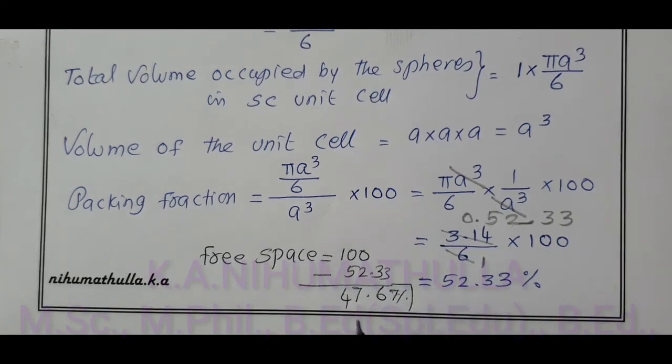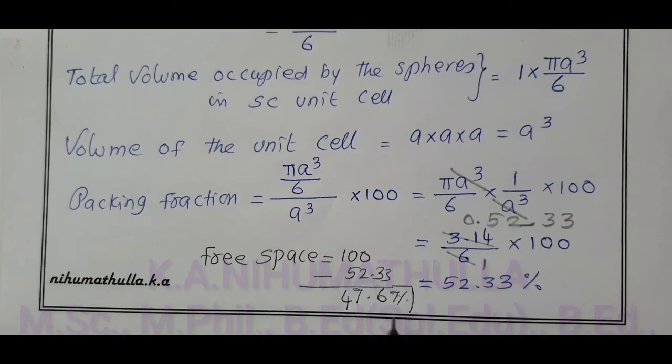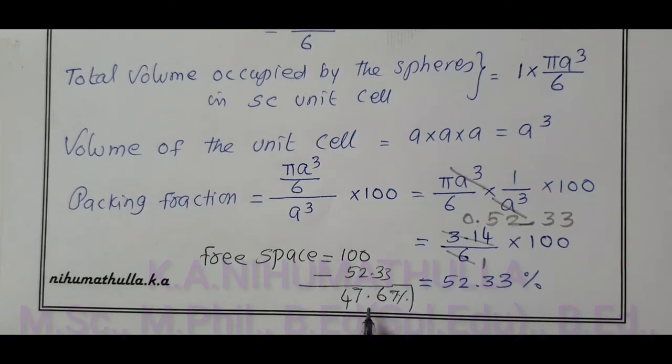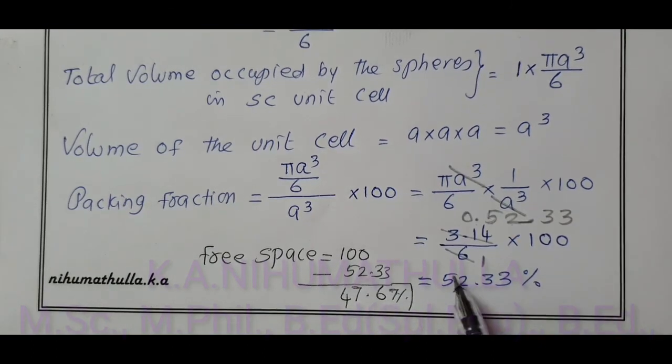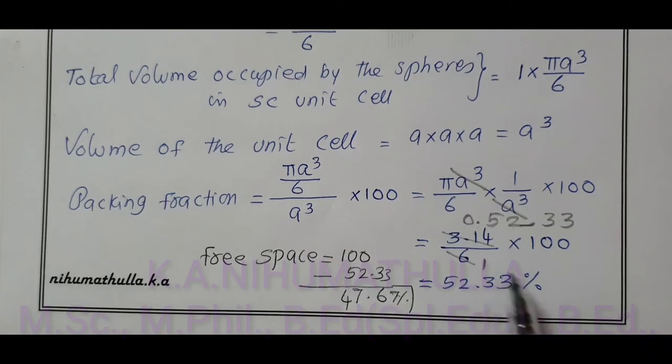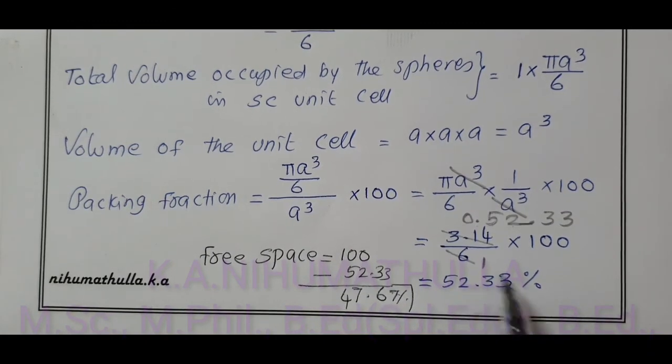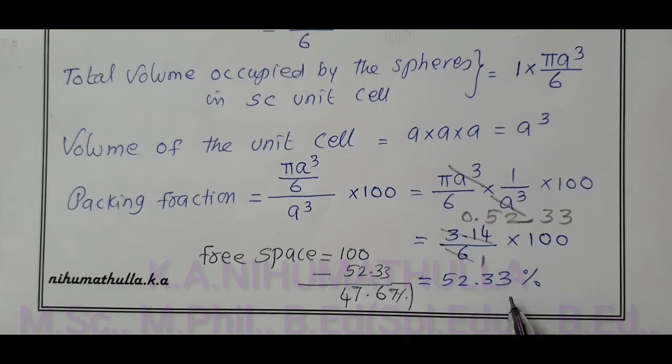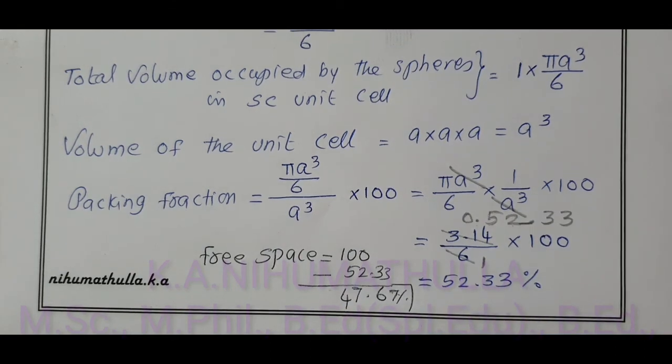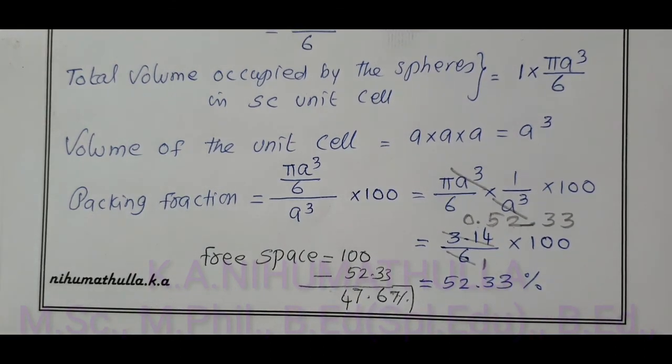Remember, 47.67% of free space is present in simple cubic and the spheres in the corners occupy 52.33%. When you compare these two values, approximately 50% is occupied by spheres and 50% by free space.